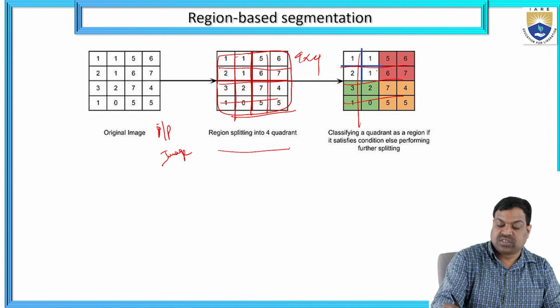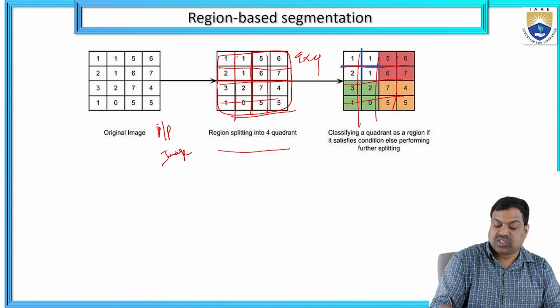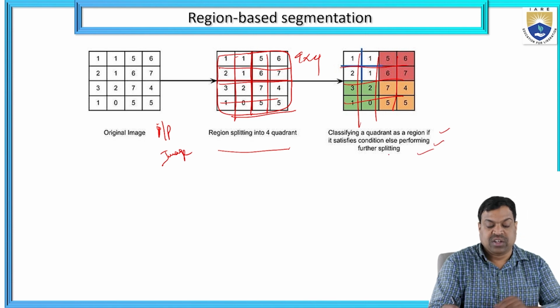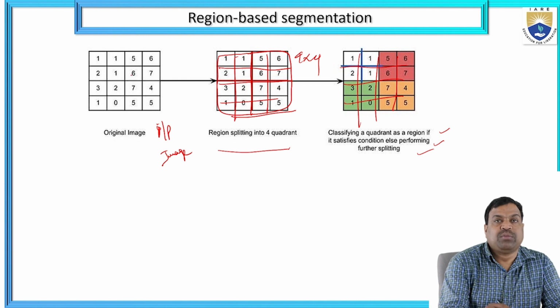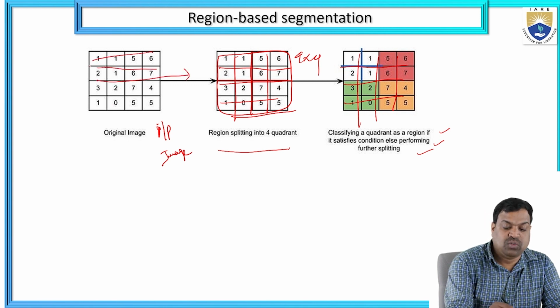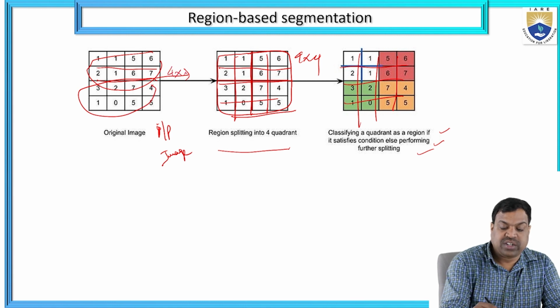These 4 quadrants classify a quadrant as a region if it satisfies the condition, else we perform further splitting. We can observe here the values 1 1 5 6 2 1 6 7 3 2 7 4 1 0 5 6. I'm dividing this into 2 and 2, so it is 4 quadrants.